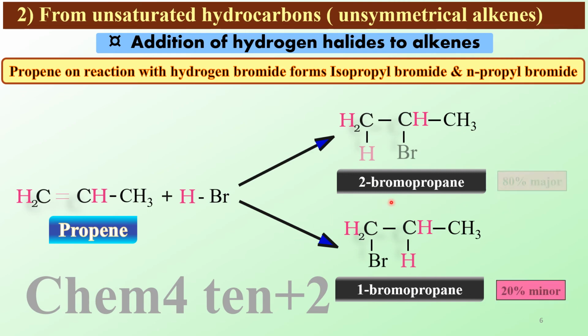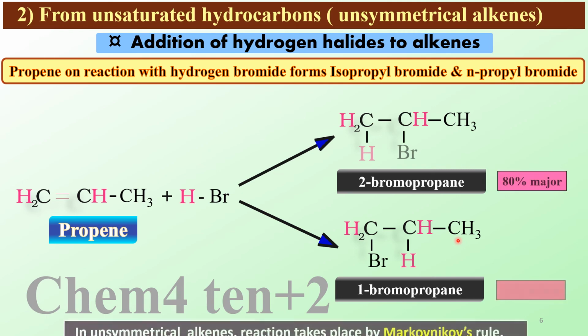Here we find that 2-bromopropane is the major product. The explanation of this reaction was given by Markovnikov, and the rule came to be known as Markovnikov's rule.